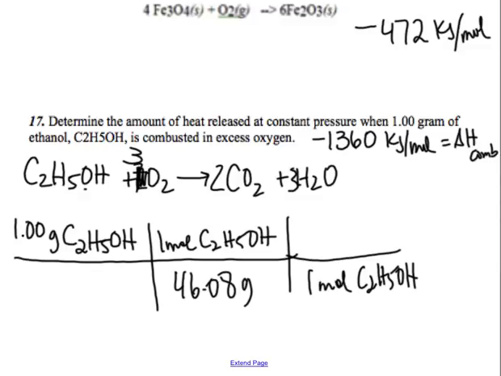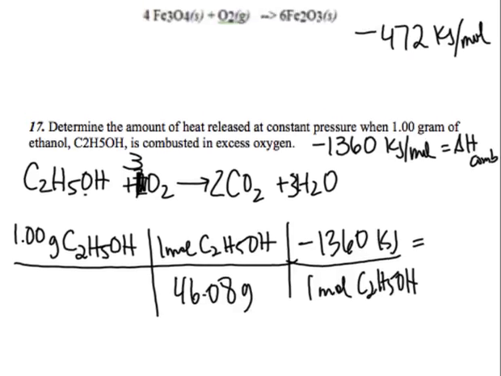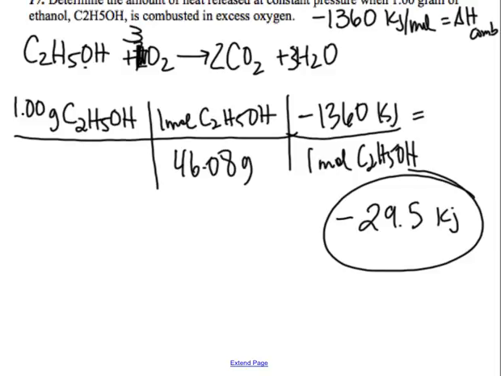What's my stoichiometric relationship here? Yep, negative 1360 kilojoules. So what's my kilojoules per gram I'm getting here? 3 sig figs will be fine. Negative 29.5 kilojoules. And that's for every 1 gram of ethanol combusted.